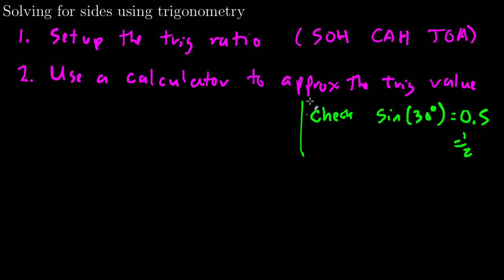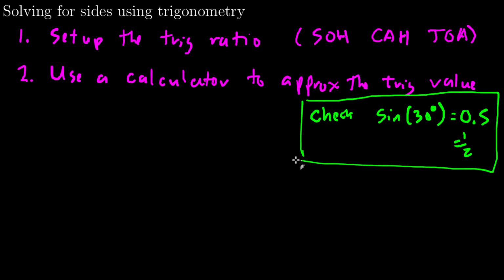If this doesn't work, you can make sure that you are in degrees, not radians. Radians are super important as you get further on in high school and towards college mathematics, but for these problems, you will probably see them as degrees. So make sure you're in degrees for all the problems we're doing here.